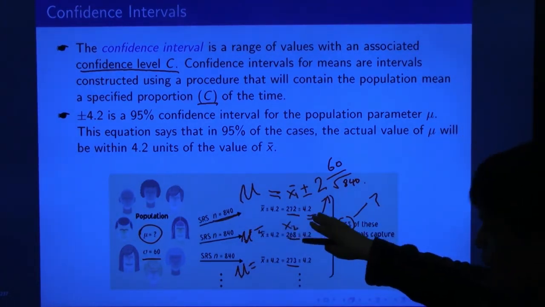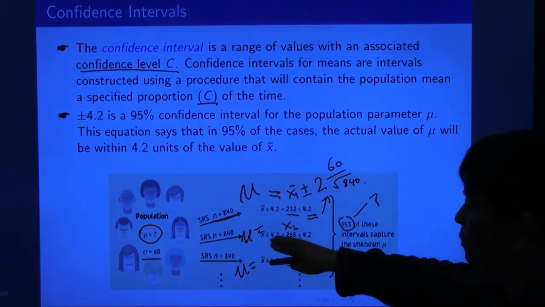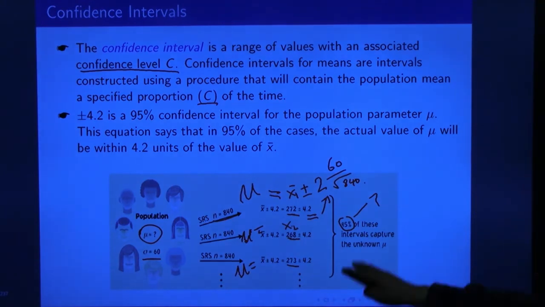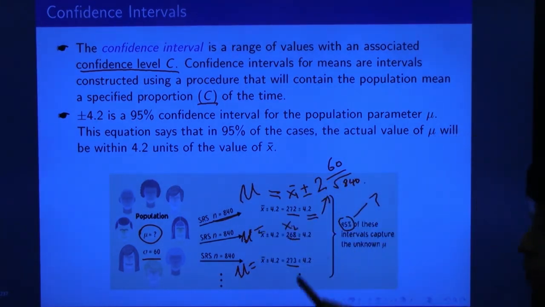This one is yes or no, this one maybe no. This one maybe yes, maybe no. But 95% of all these intervals will contain the real population mean. So that is the meaning of this 95% confidence.